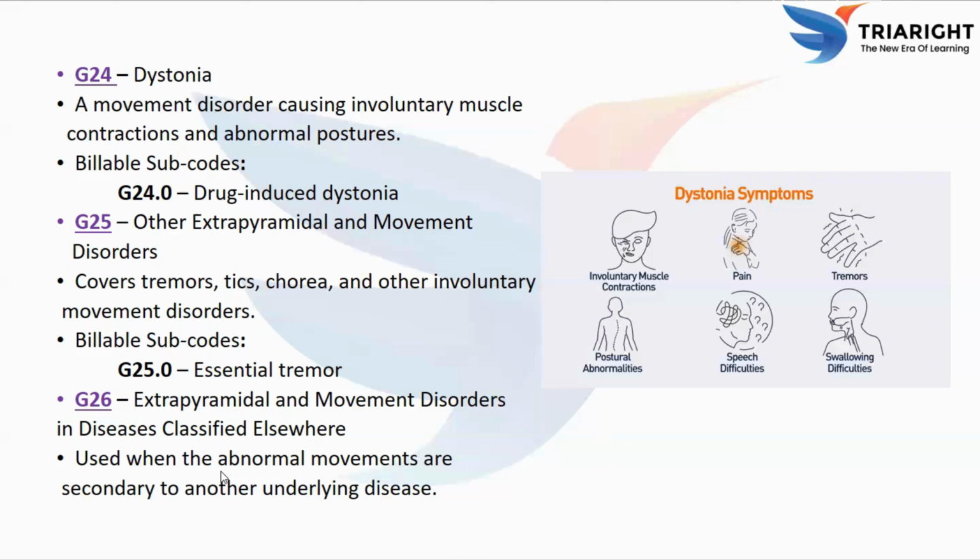For example, when movement problems occur due to brain infections, when movement issues occur due to metabolic disorders, and Parkinson-like symptoms caused by another neurological disease. So G26 is never used alone, right? It is linked with the main disease causing the movement disorder.